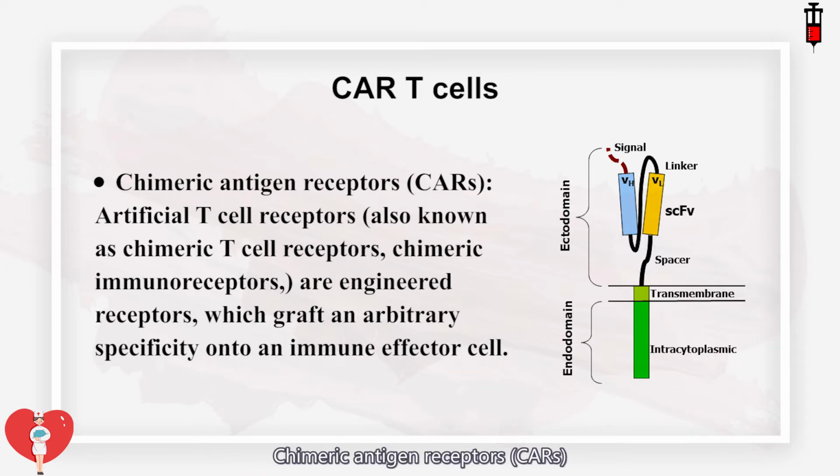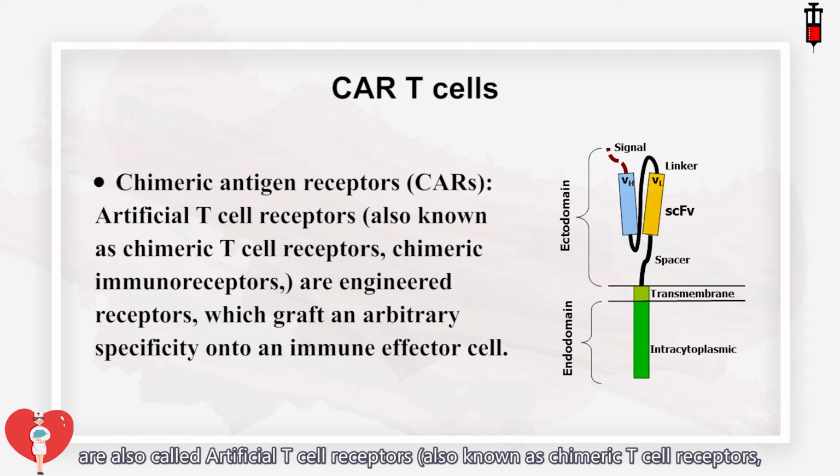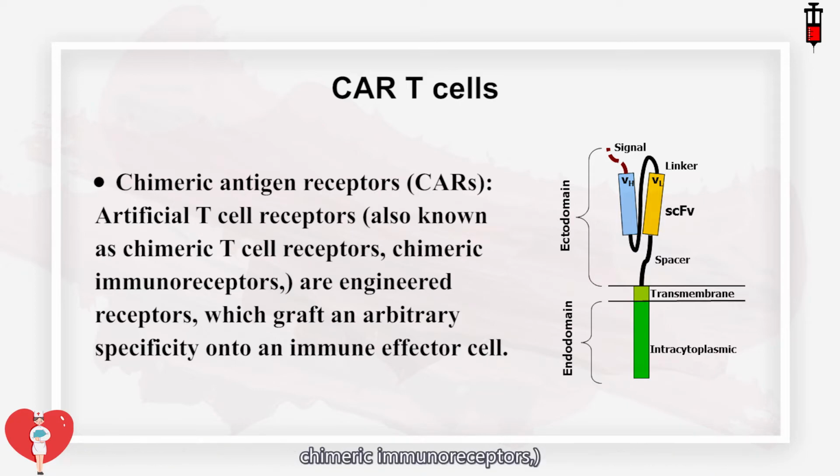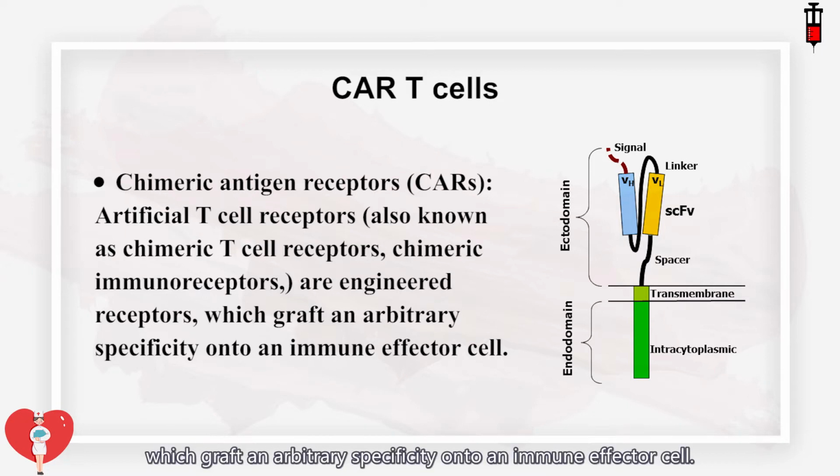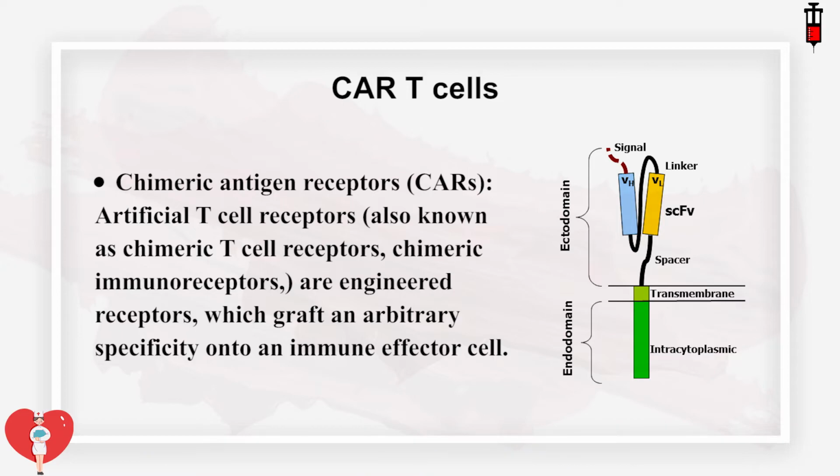Chimeric antigen receptors, abbreviated as CAR, are also called artificial T cell receptors, chimeric T cell receptors, or chimeric immunoreceptors. They are engineered receptors which graft an arbitrary specificity onto an immune effector cell.